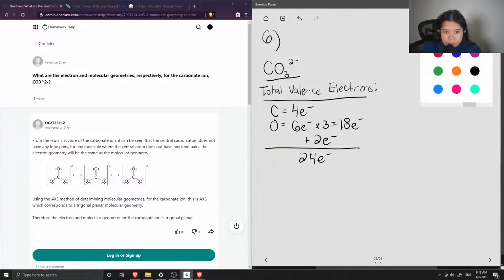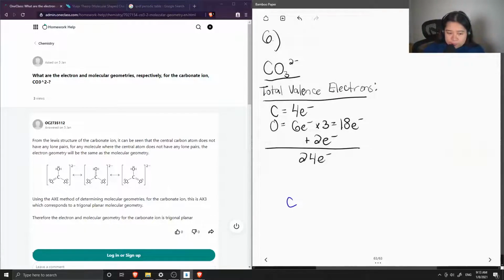First, I would draw out my carbon as my central atom, and then see what happens if I just have single bonded oxygens all around. And I'll draw out all of my lone pairs. At this part, I like to count how many electrons I've drawn so far.